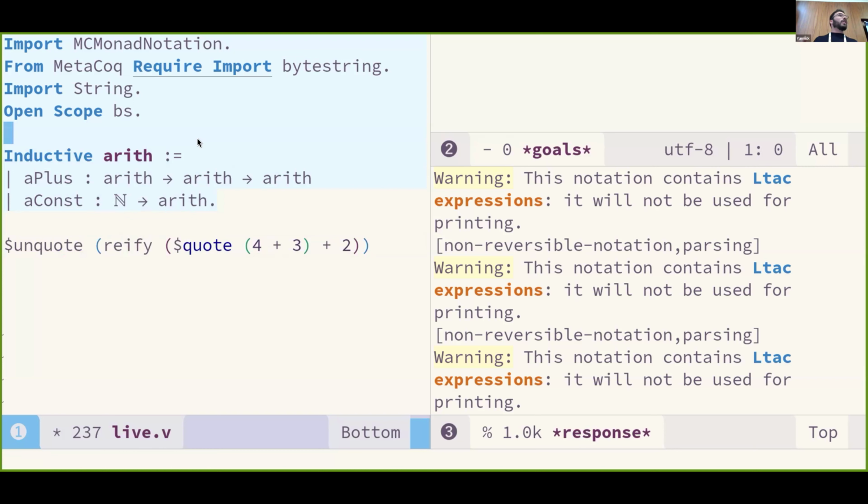So the usual thing in reflection and reification, where you have a reified version of the sublanguage of Coq you care about, and you want to go from Coq to this inductive representation.